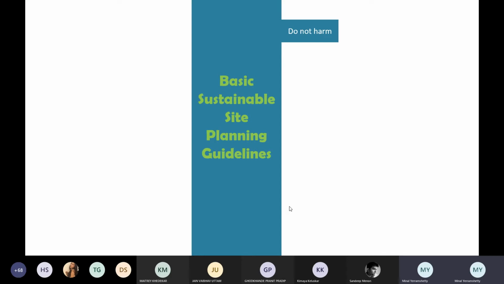Is there a way you can protect that? So these issues are contextual when it comes to the site and meso level or the neighborhood level. You will have to be a little more careful and sensitive to these questions that will crop up. Or is there a way where you can regenerate ecosystem services through sustainable design?